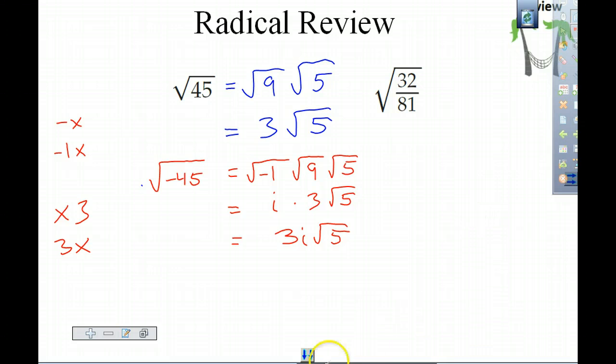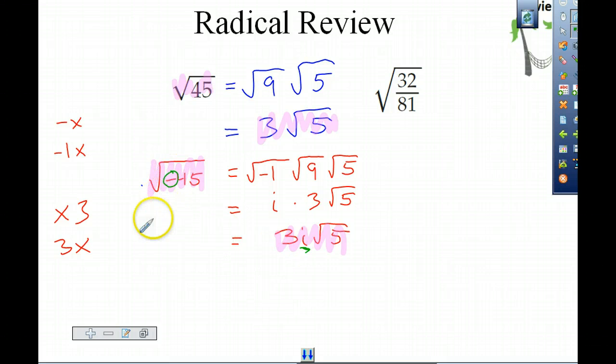So look very closely at both of our answers. What do we get for positive root 45? 3 root 5. What do we get for root negative 45? 3i root 5. What's the difference between the two? The i. There's an i in this one because there's a negative.